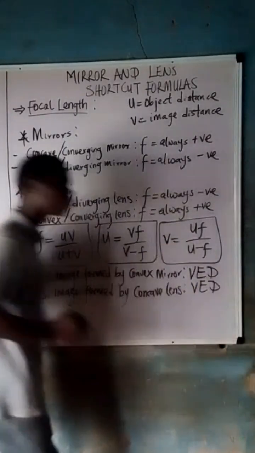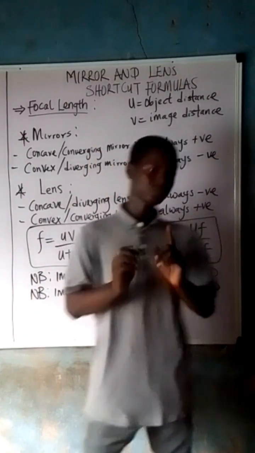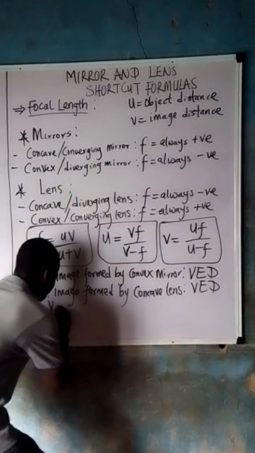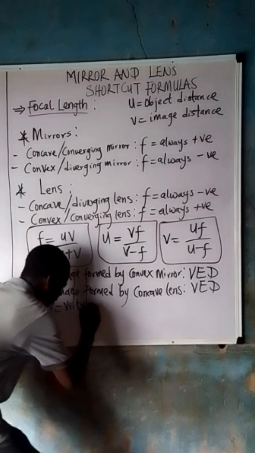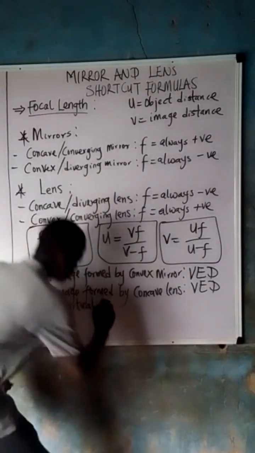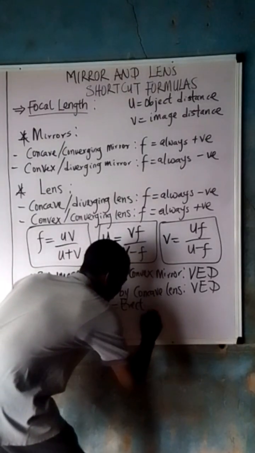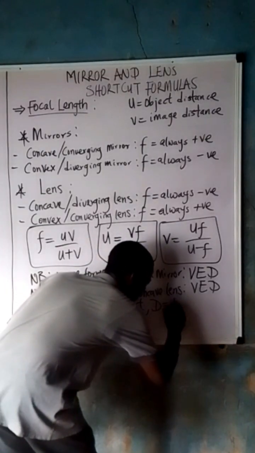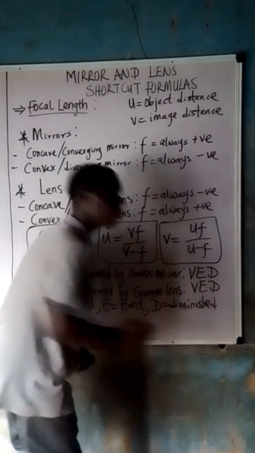Now guys, your question for me now should be, what does V, E and D stand for? This is it. V means that the image, first of all, is a virtual image. E means that the image formed is erect. While lastly, D means that the image formed is diminished, that is, the image formed is not magnified.